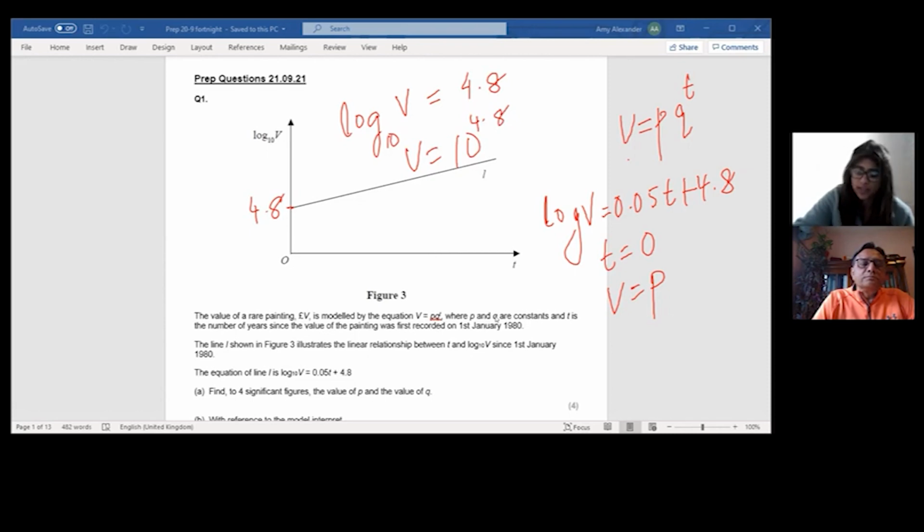The initial value on this graph is 4.8, so at T equals 0 we get log of V equals 4.8. Let's call this equation 1. If I put T equals 0, then V equals P. The value of P, the initial value, should be 10 to the power of 4.8. So how much do you get? 10 to the power of 4.8.